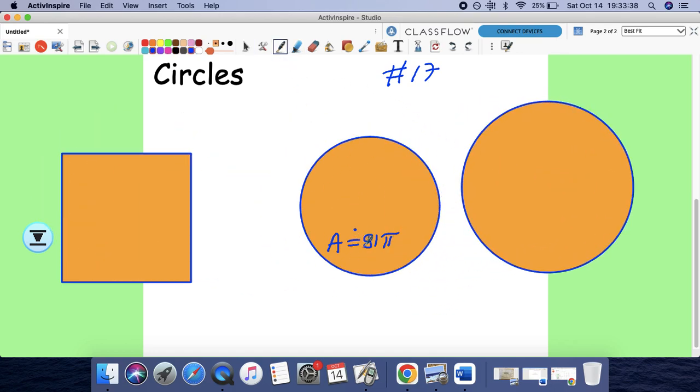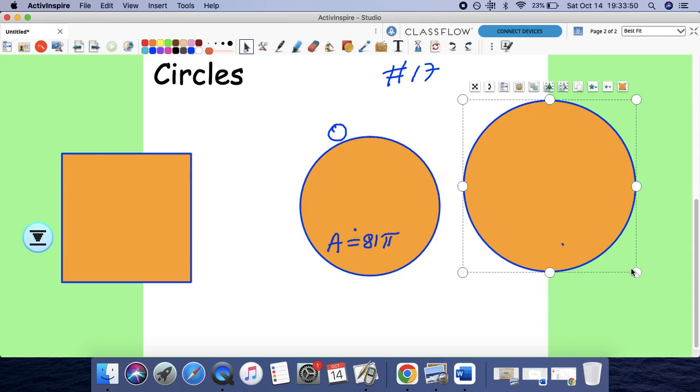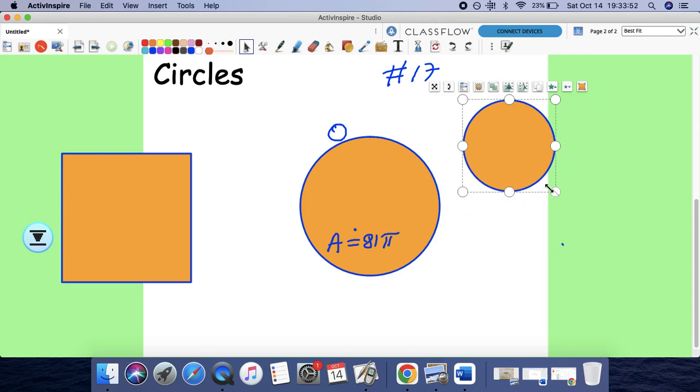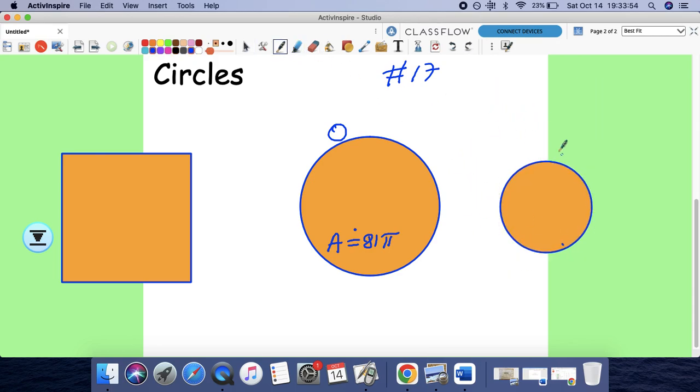This is circle O, so let's label it circle O. Circle P has a radius that is 2 units shorter than the other radius. This is 2 units shorter than this. What is the diameter of circle P?